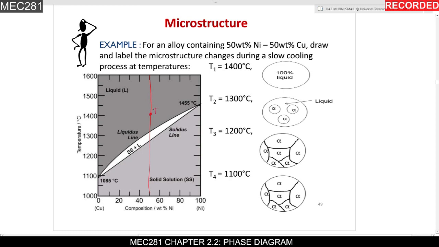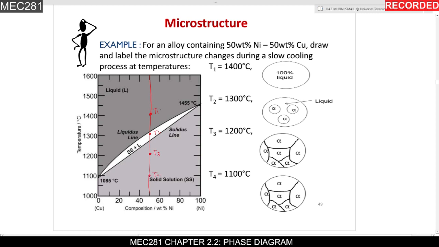Okay, ni T1, lepas tu T2 sini kan, lebih kurang T2, and then T3 1200 kat sini, and then T4 1100 kat sini.